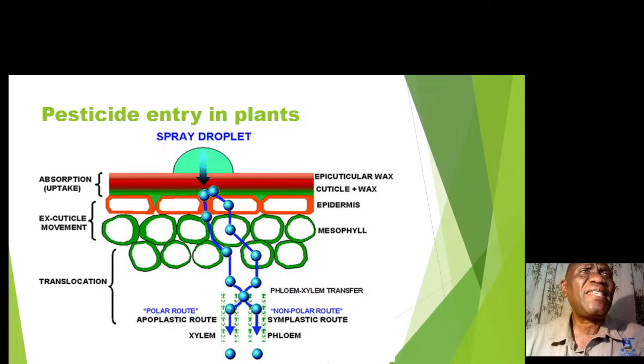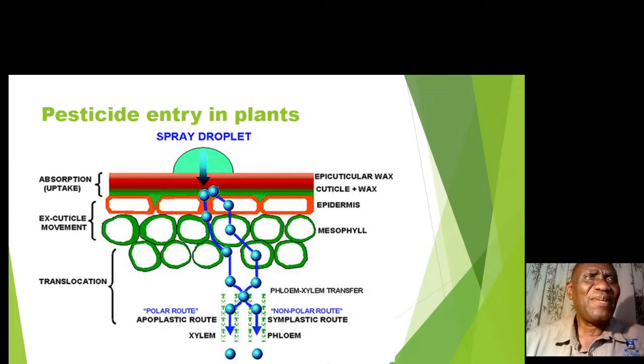So we have the epicuticular wax or cuticle plus wax forming the outer layer. You can have the droplet which lands on that surface. Depending on the characteristics of the droplet, it may finally penetrate through the cuticle. Then it moves into the epidermis, then mesophyll layer.